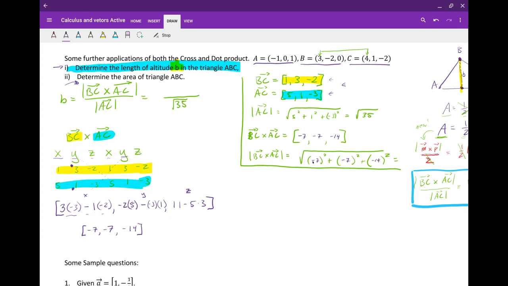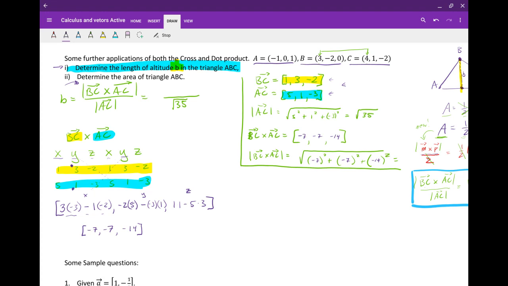So it looks like it's going to be a pretty big number. Got out my calculator. It's going to be 49 plus 49, so 98, because 7 squared and 7 squared, and then 14 squared. I don't remember that one.